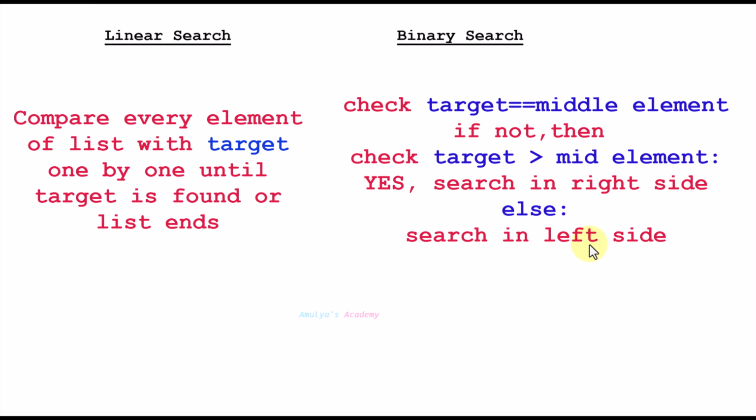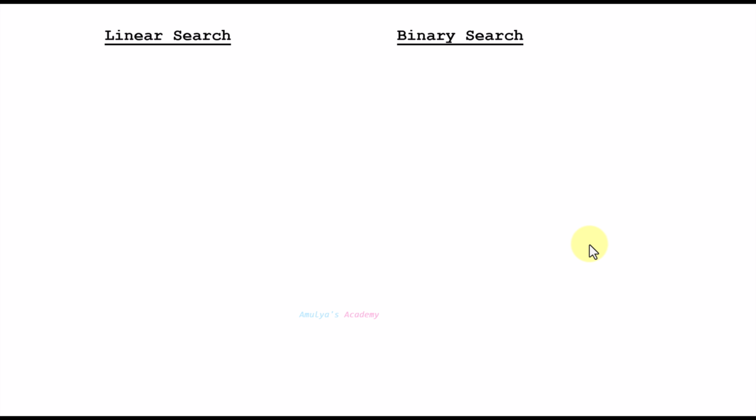If target element is greater than the middle element, then we'll search the target element in the right side of the middle element. If target element is less than the middle element, then we'll search the element in the left side of the middle element. But binary search works on sorted data set, but linear search works on both sorted as well as unsorted data set. So this is about linear search algorithm and binary search algorithm.